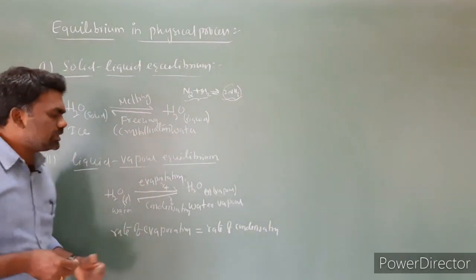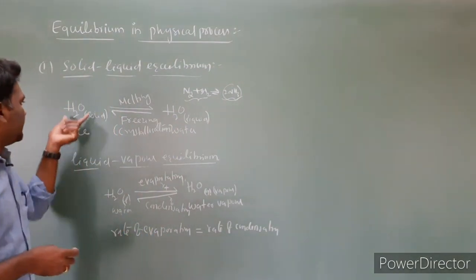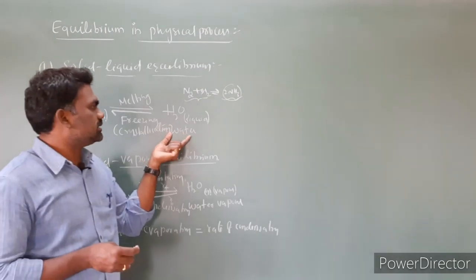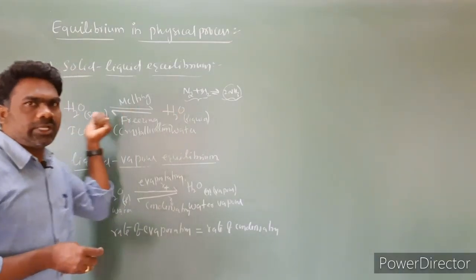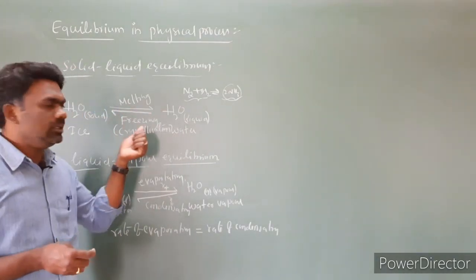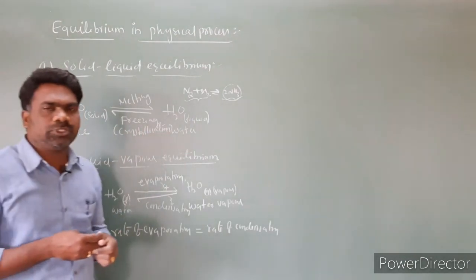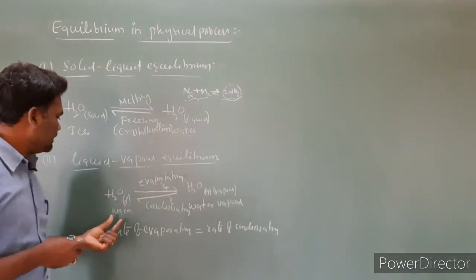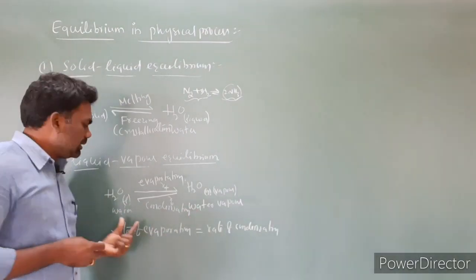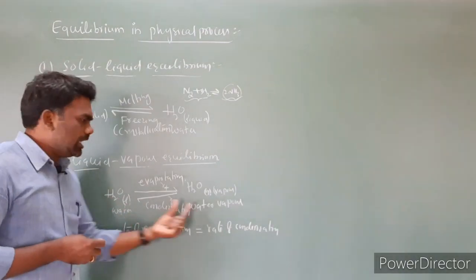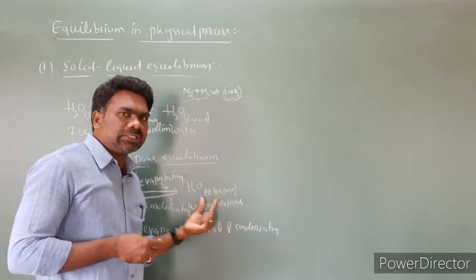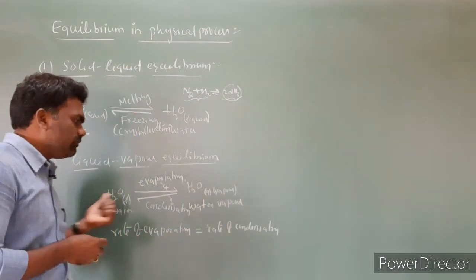But here the composition remains the same. Look at the reactant, ice, which is H2O, and the product, water, which is H2O. Both initially and finally the composition remains the same. Water molecules have the composition H2O, and even in water vapor the molecules are H2O.